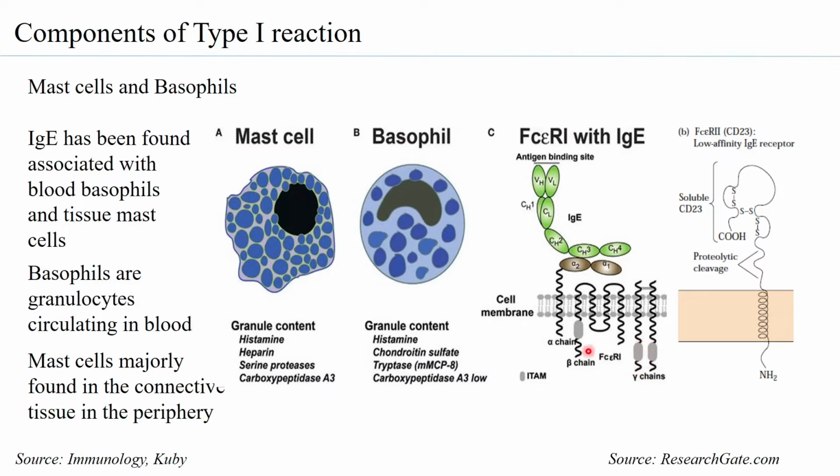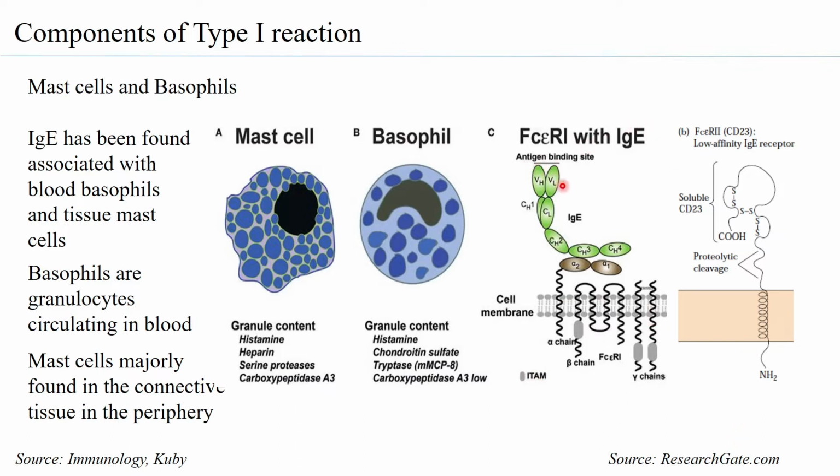And the gamma chains and also the beta chain have a region which is called ITAM. What is ITAM? ITAM basically is immunoreceptor tyrosine based activation motif. So it is at this point that the tyrosine can get phosphorylated. So phosphorylated tyrosines would lead to a conformational change and further a signal transduction.